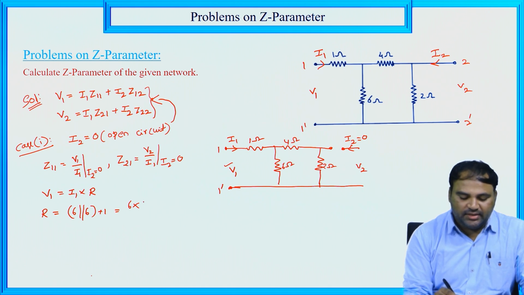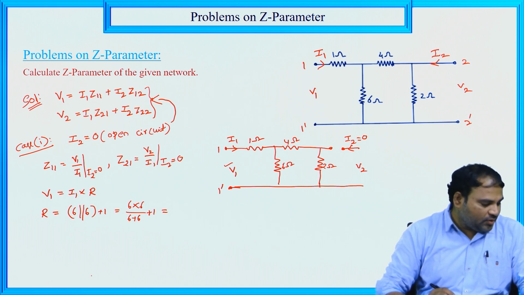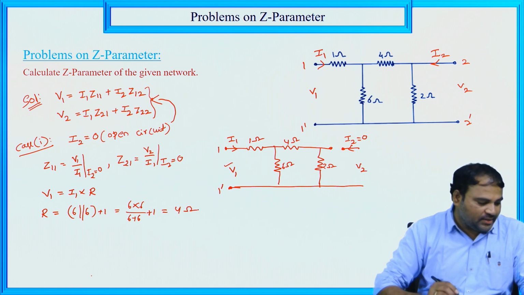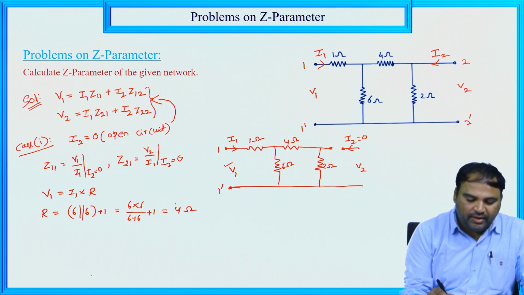So that is 6 into 6 by 6 plus 6, plus 1. By solving, we get R equal to 4 ohm.